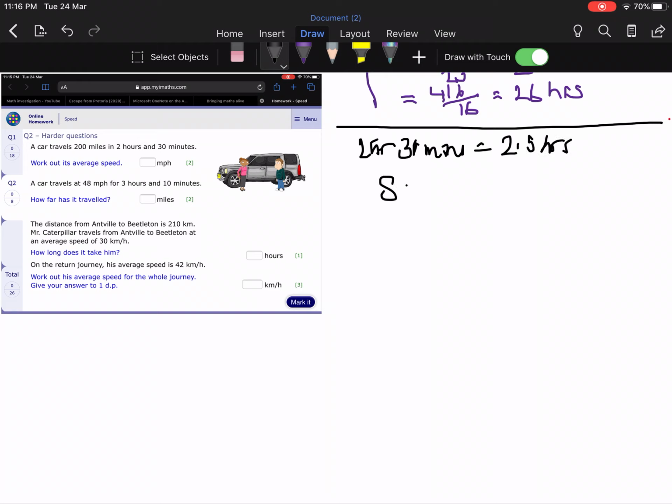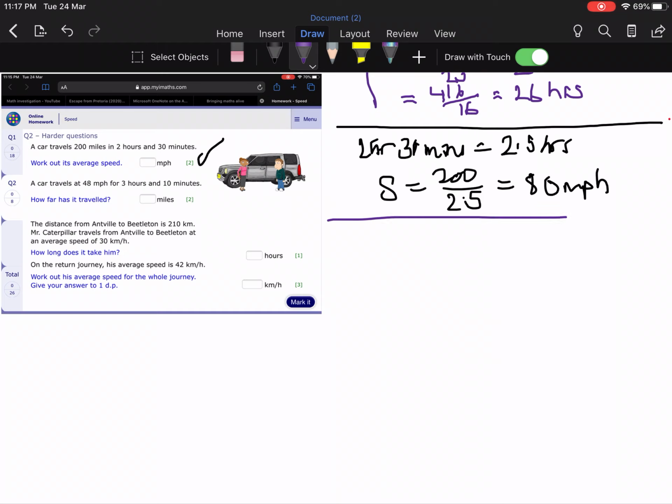So speed is equal to distance divided by time. So it's going to be 80 miles per hour. So that's that one.